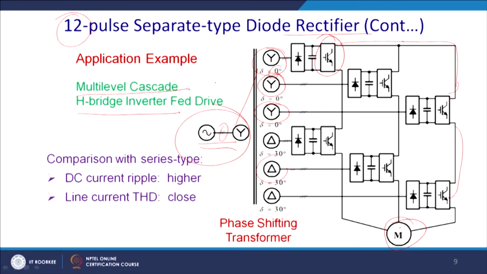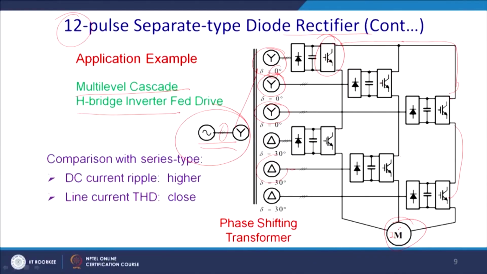Students, I request you to simulate this circuit. It is very easy to simulate. Ultimately see what kind of THD you are getting, considering that this is an induction machine.